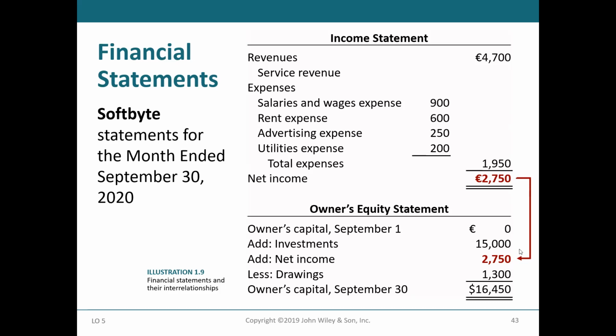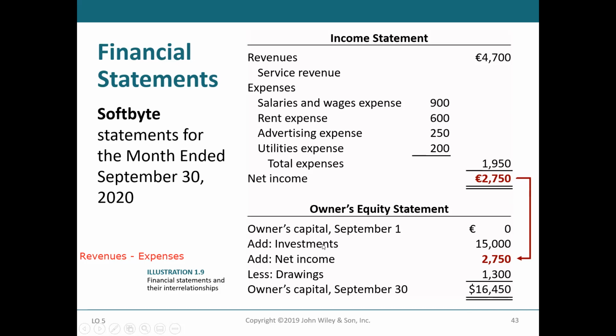It's from the income statement, which shows the net income, which is revenue minus expenses. And so less drawing, that will give us owner capital at the end.